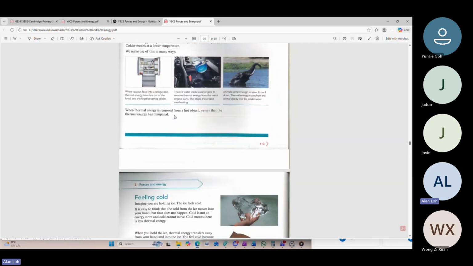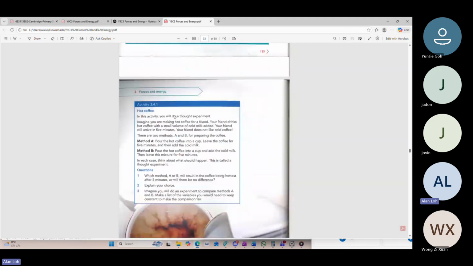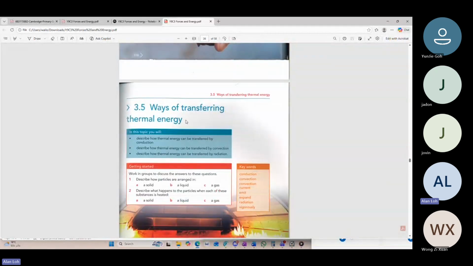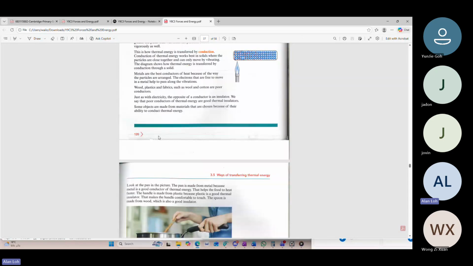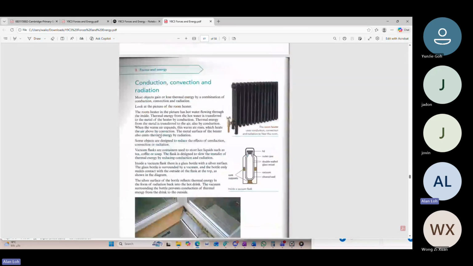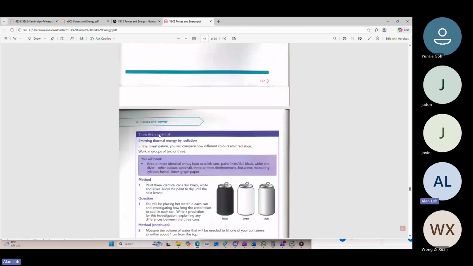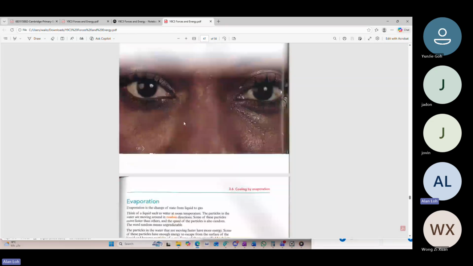There is convection, conductions, and radiations, and there's dissipations. This is the transfer of energy. Now, this is the convection, conductions, and radiations. The explanation, right? Radiations. So then next is the. Let me scroll down quickly. Next is the evaporations, and then that's it.